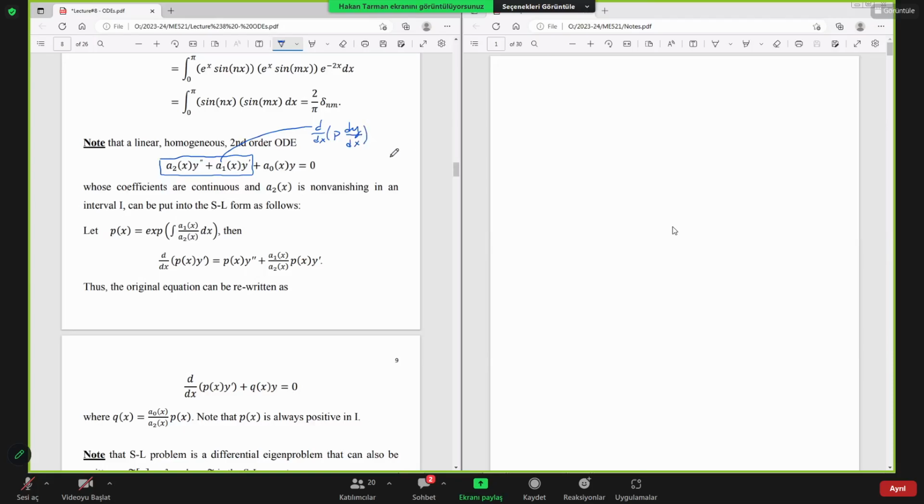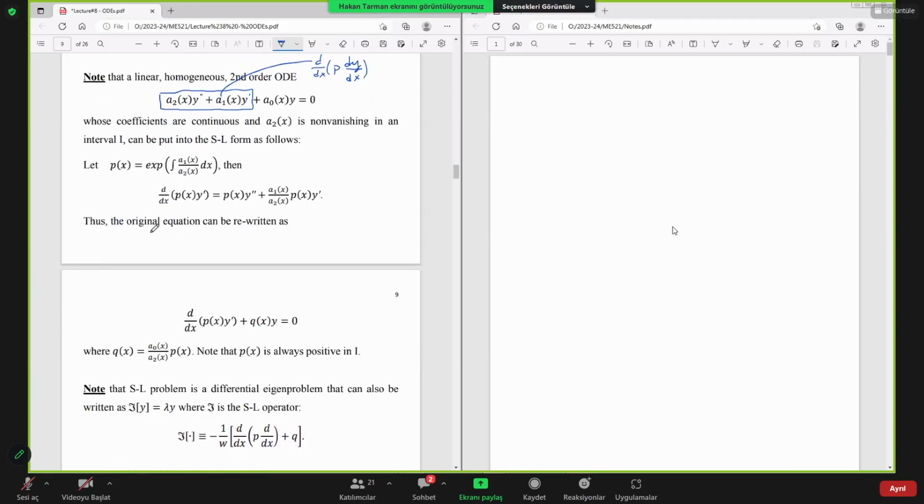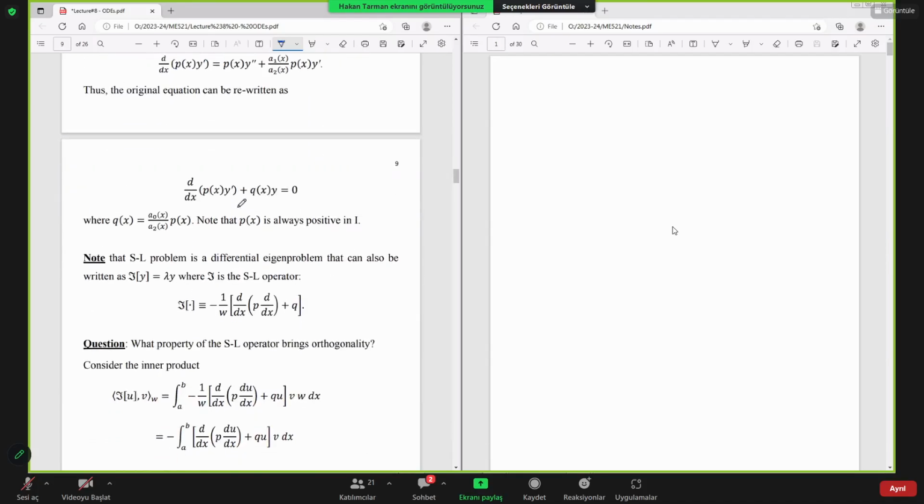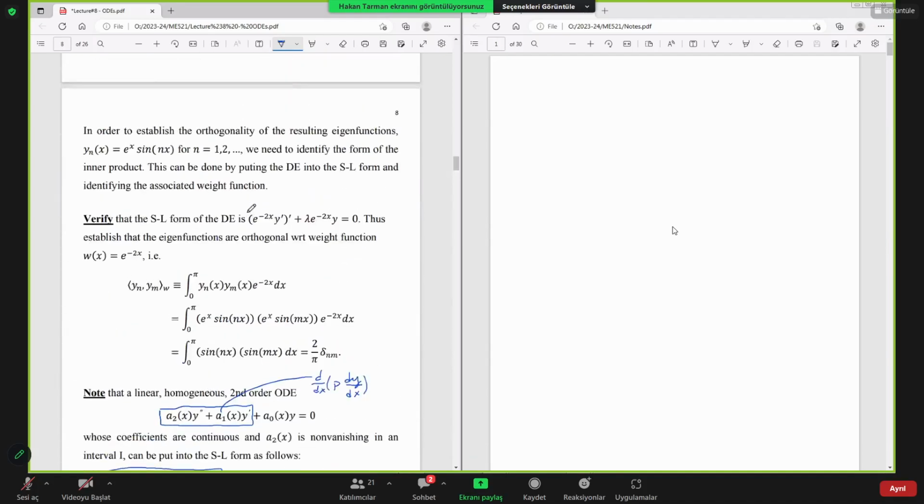If you can do that with some multiplication factor, then you will be done. So that's what I'm explaining here. It turns out that P, which comes with the Sturm-Liouville definition, can be computed by using the two coefficients, and so on. And I solved a problem with this.